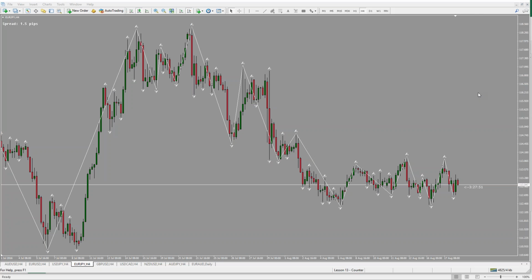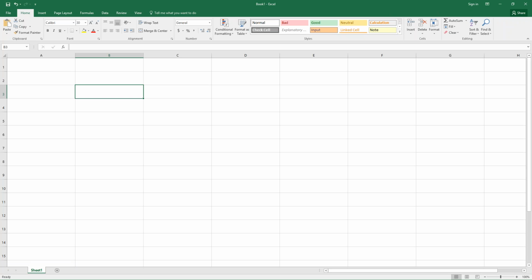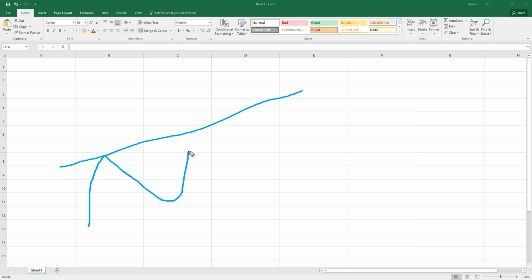So essentially what I'm doing today is I'm trying to give you a method to be able to do the following. So for example, we want to be able to find areas of resistance. So when the market comes up to those areas and hits them, what we're trying to do is spot when there is a high probability that this will occur so that we can trade in this direction as such.